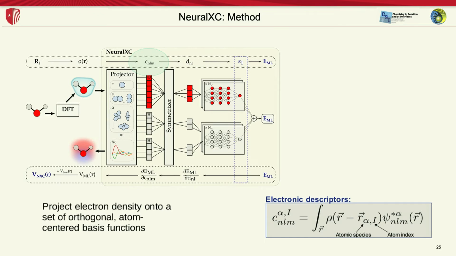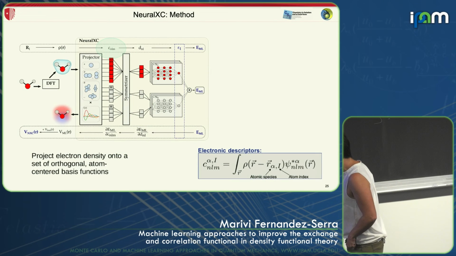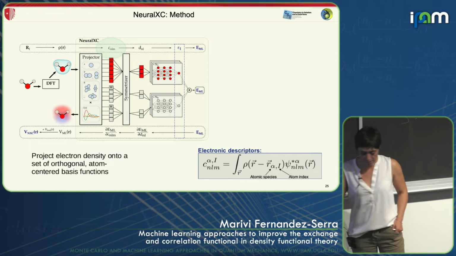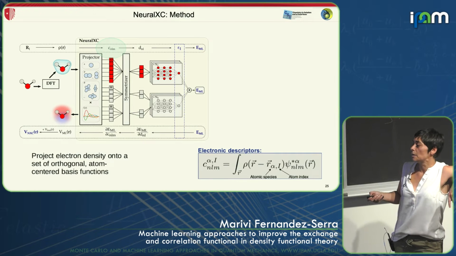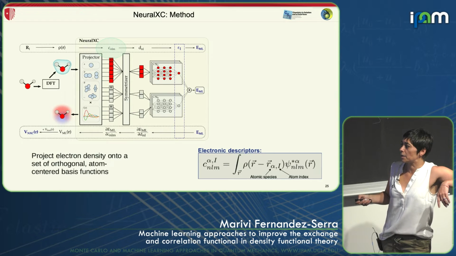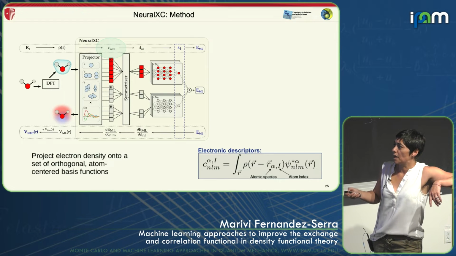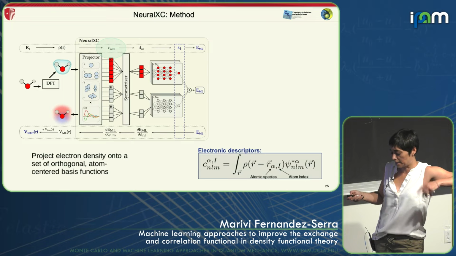So I'm projecting onto a set of orthogonal atom-centered basis functions. These basis functions are species dependent, and I'm doing that because I'm going to build a neural network within the Behler-Parrinello architecture. We choose atom-centered neural networks to achieve permutation invariance on our system.